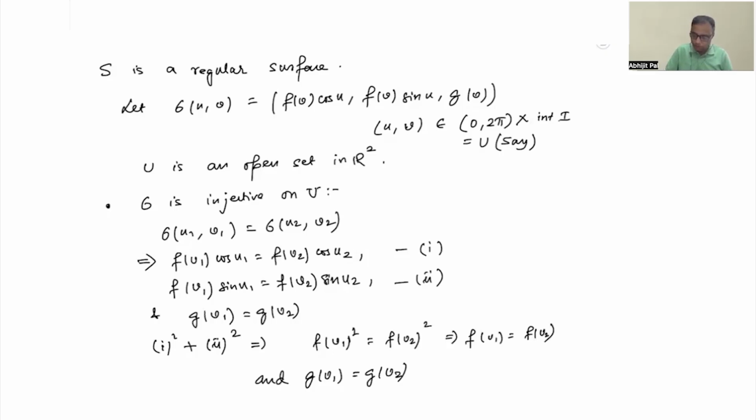Call this 3. So we have f(v1) equal to f(v2), g(v1) equal to g(v2).